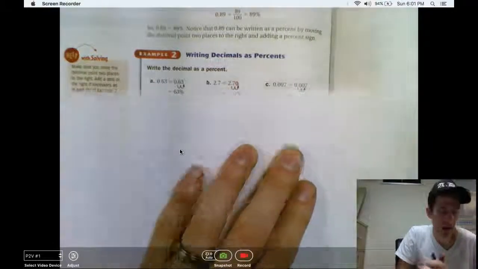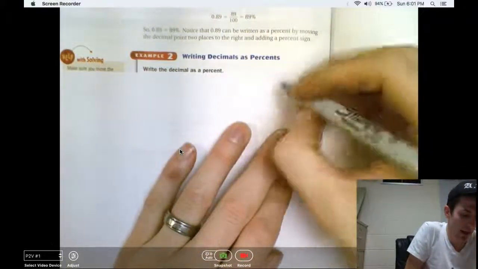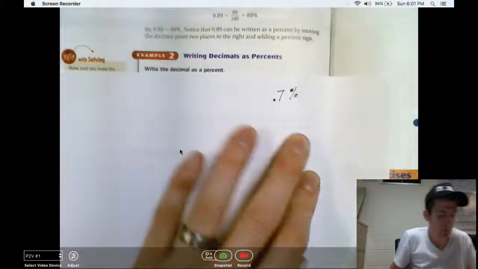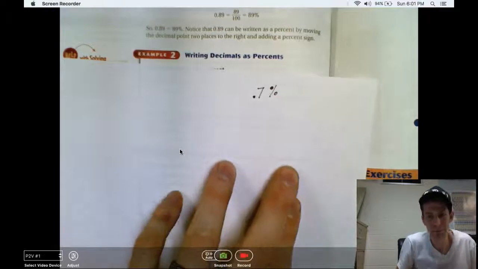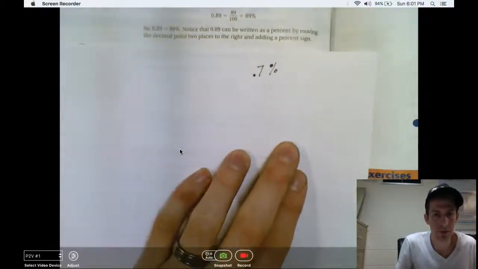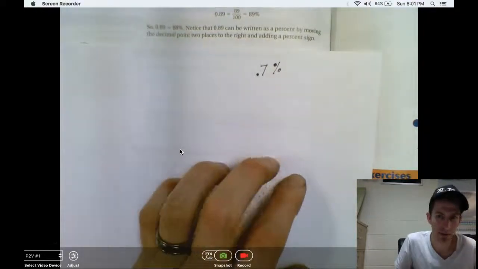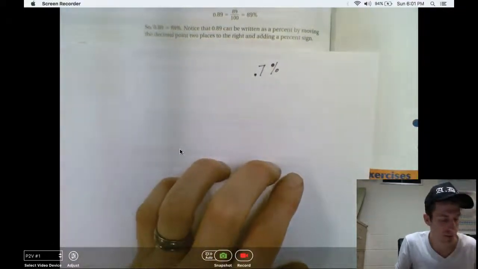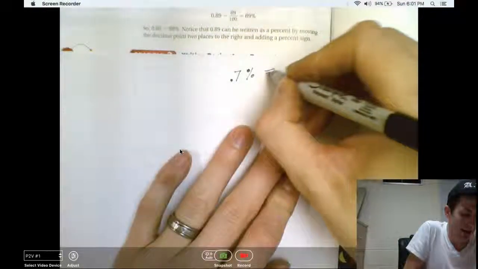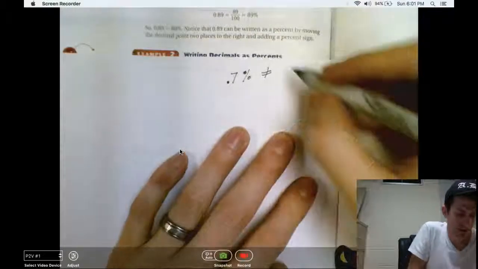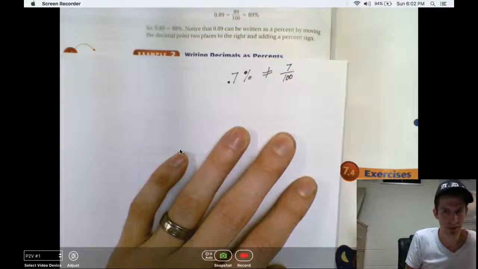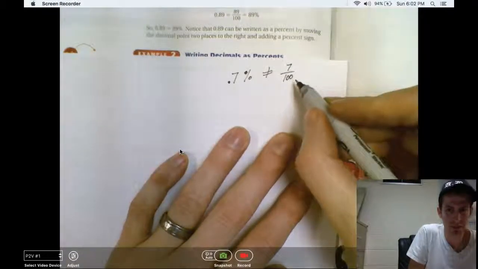If I said, hey, I get 0.7% of your Skittles because it's my right, I'm taxing you in your candy. 0.7% is not 7 out of 100, because 7 out of 100 would be 7%.